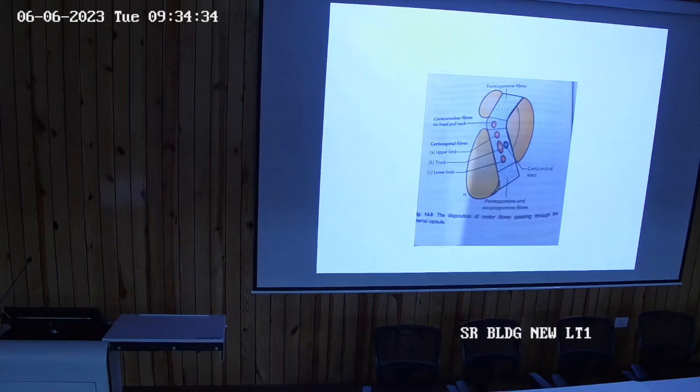Besides this, the retrolentiform part contains fibers connecting the lateral geniculate body to the primary vision area. What is the primary vision area? Area number 17.